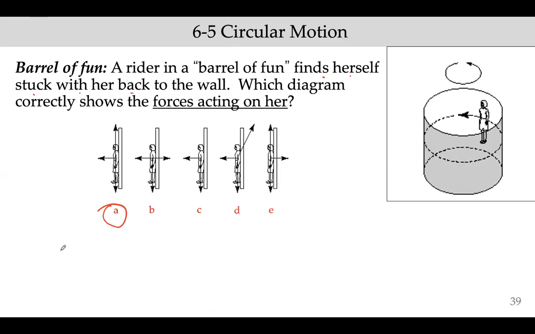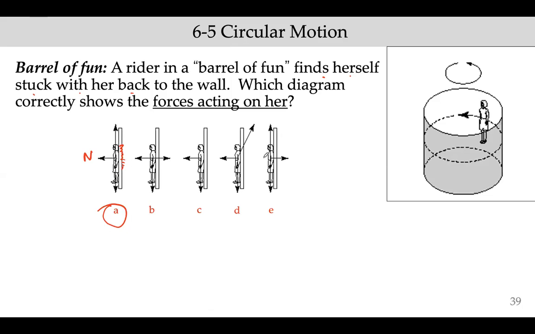The reason is, first of all, let's think about the forces. If there's a wall here, whenever there's a surface, that surface would push the person. It will be a normal force, right? Could it be like E? No. I mean, the person really cannot push the wall, right? Well, the person can push the wall.